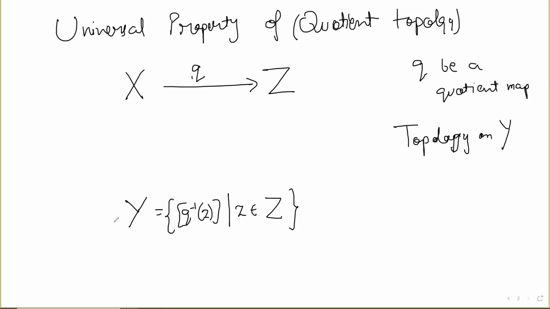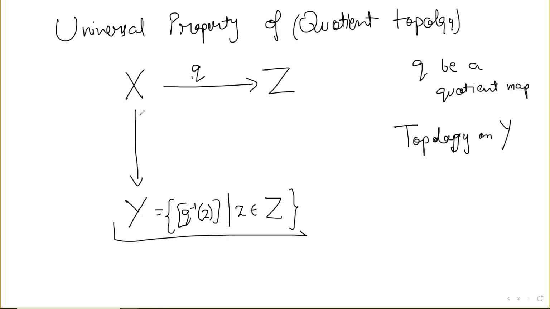You see, this y itself will be your z. Right, this y is basically the same as z, because for every point in z you have a point in y, and I suppose you will give y the quotient topology induced by a map.